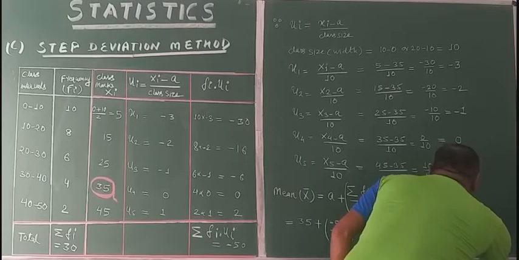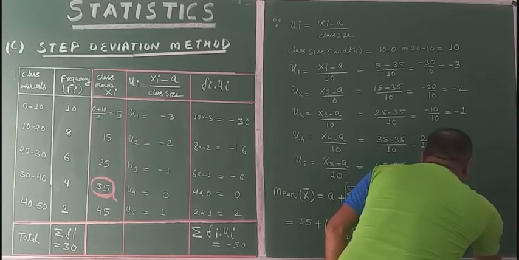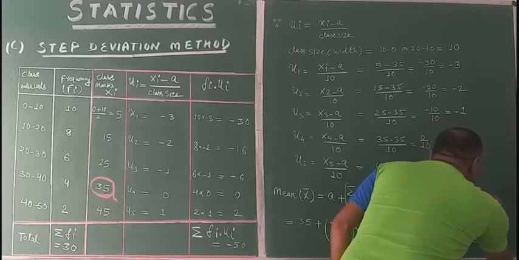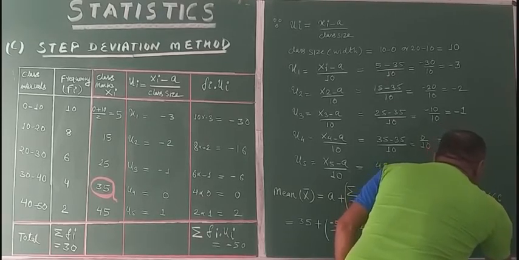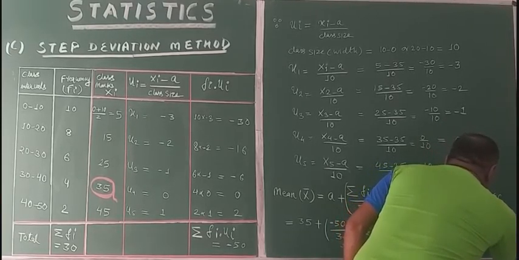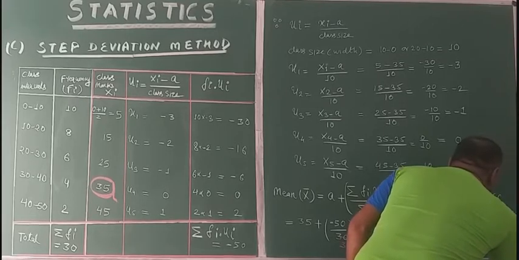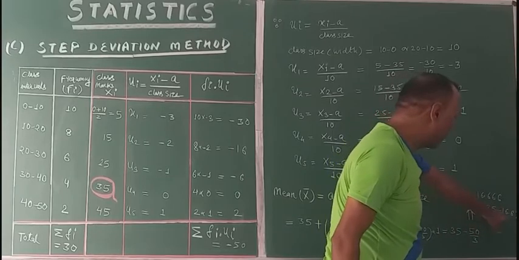When I calculate this, I will get 35 minus, just divide by 3, 16.666, and this will become 35 minus 16.67, approximately; 0.666 can be written as 16.67.